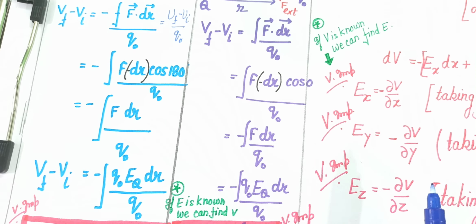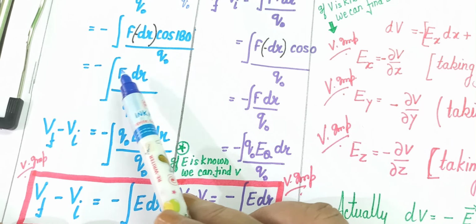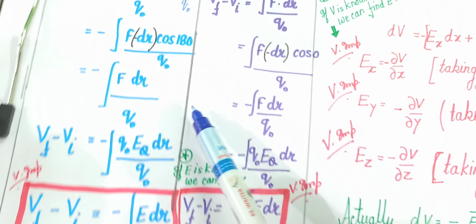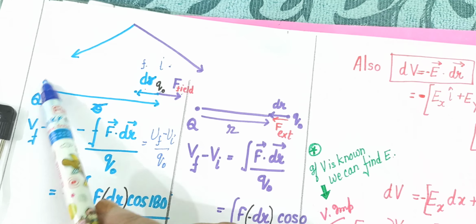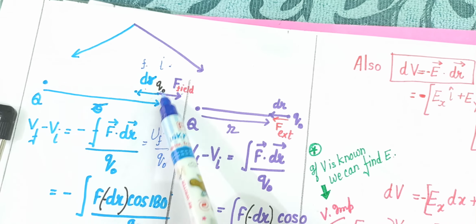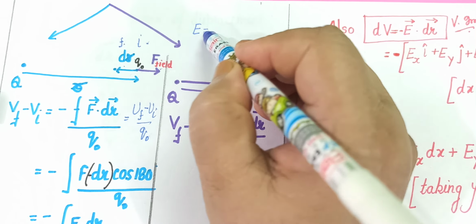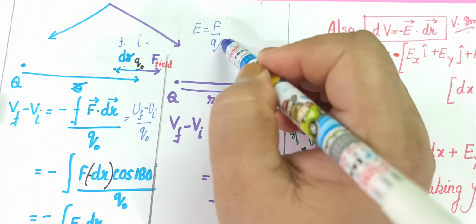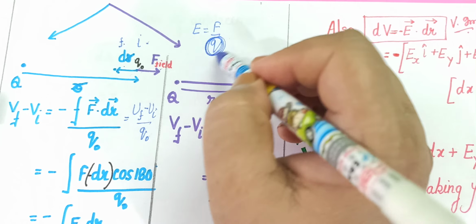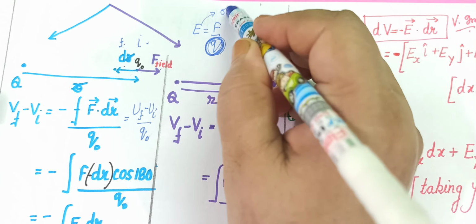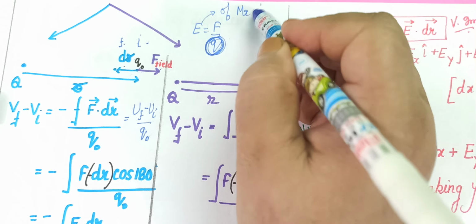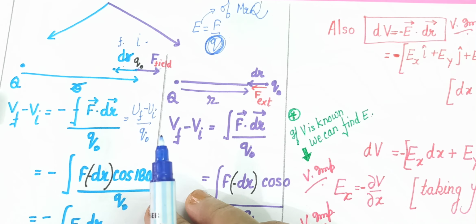Now, the force exerted by the field of Q on small q, that can be written as, do you remember, electric field is force per unit charge. Q naught is experiencing force and field is of Mr. Q, the big boss.